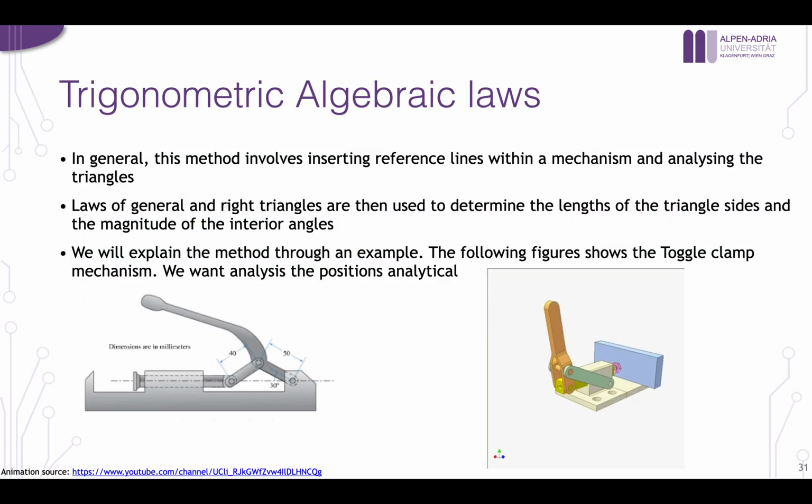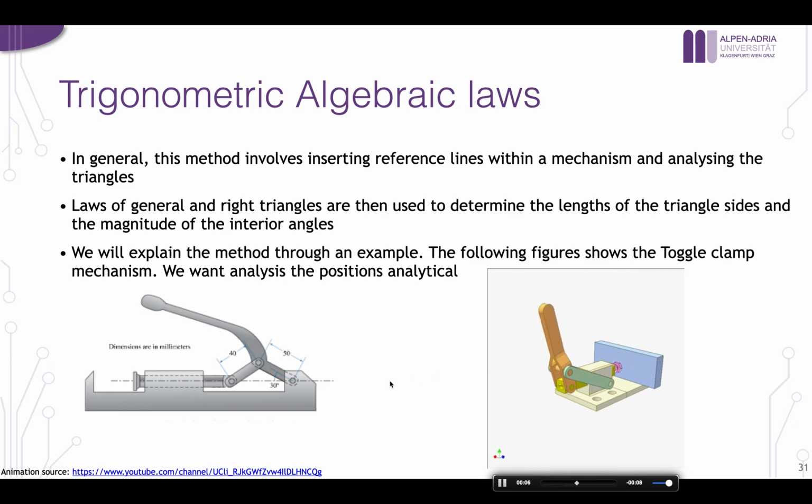Now let's look at this mechanism as an introduction, or as a use case, for the trigonometric algebraic laws. Here we see that this mechanism has an arm, and I want to move this arm, and by moving it, it forms this motion.